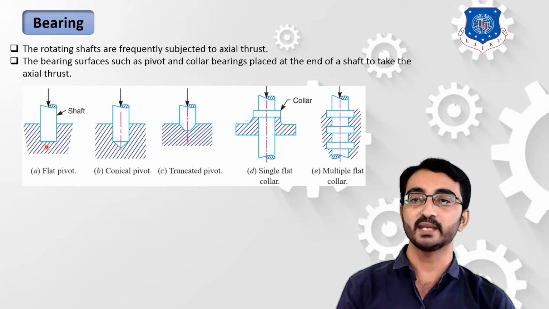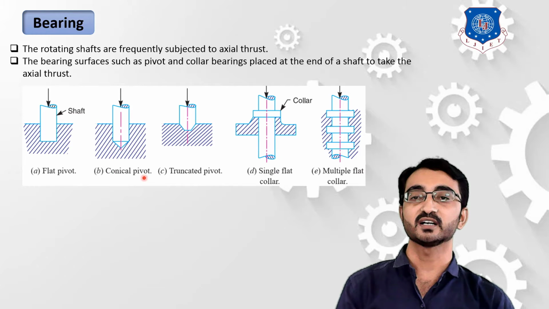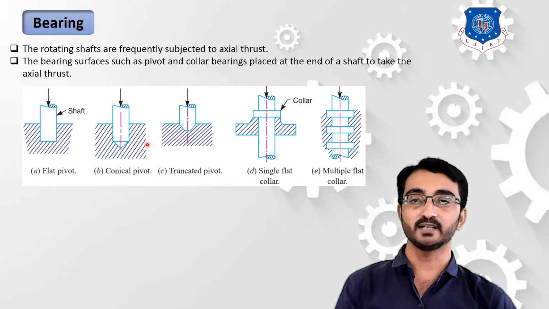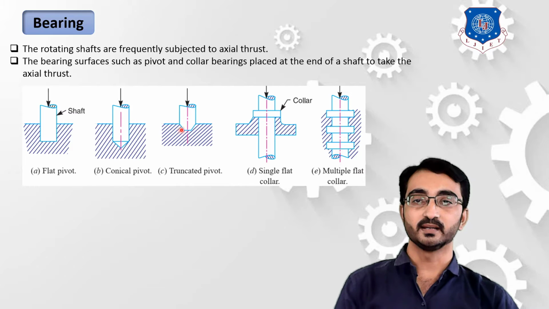This type is known as a flat pivot bearing. But if the end surface is in conical shape, then we refer to it as a conical pivot. And the third type of pivot bearing has a truncated shape, so it is termed a truncated pivot bearing.